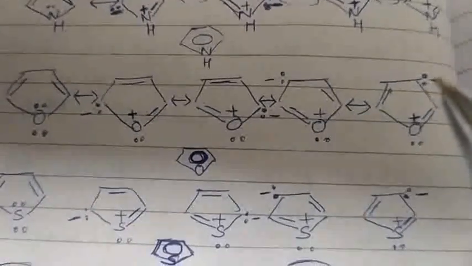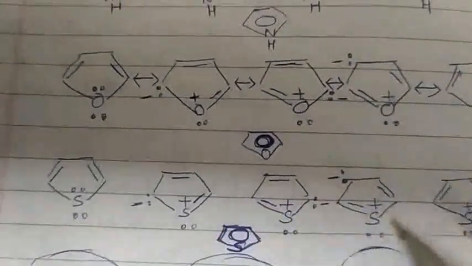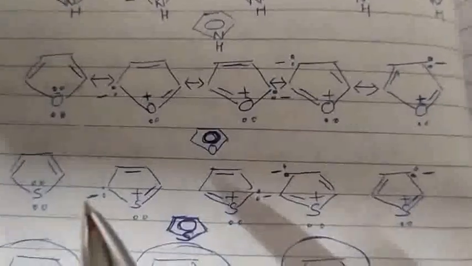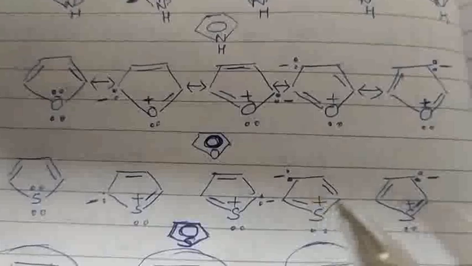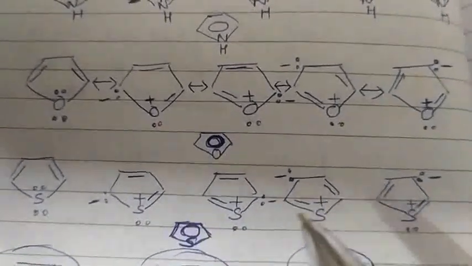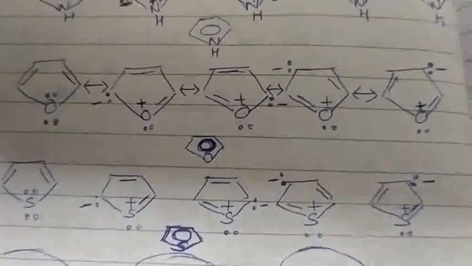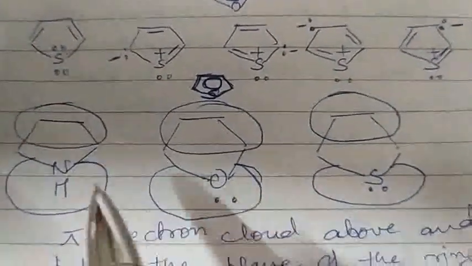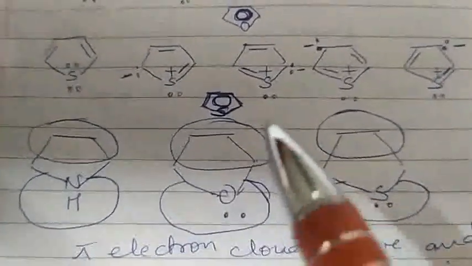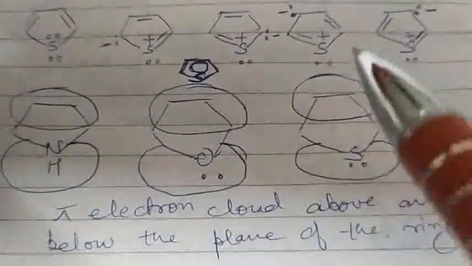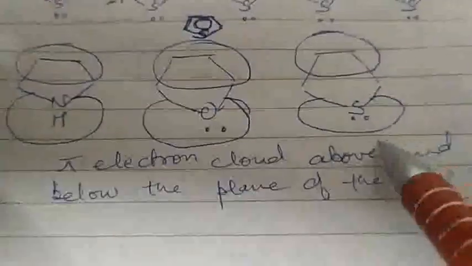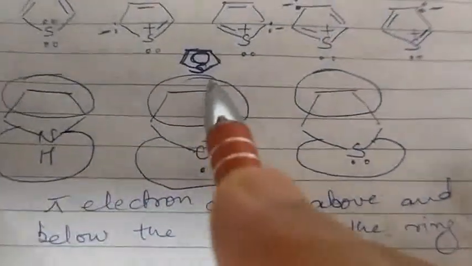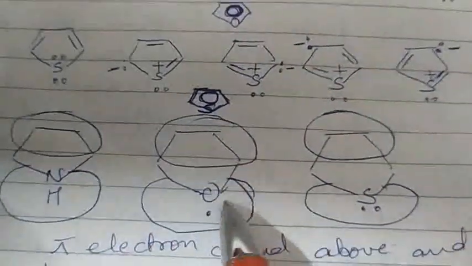Thiophene also has 5 resonating structures. 4 out of 5 are involving charge separation in them. In the 3 heterocyclics, we can see here pi electron clouds above and below the plane of the ring, above the plane, below the plane.